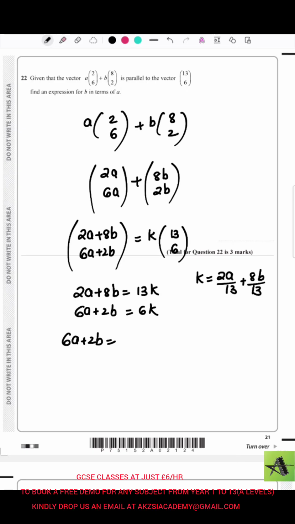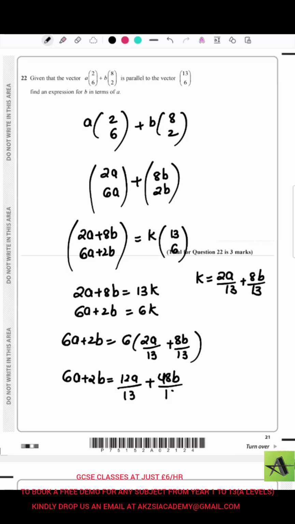So this will be 6a plus 2b and 6 times the value of k, which is 2a over 13 plus 8b over 13. 6a plus 2b is equals to 12a over 13 plus 48b over 13. Finally, separating out a's on one side and b's on another side, this would be 6a minus 12a over 13 is equals to 48b over 13 minus 2b.